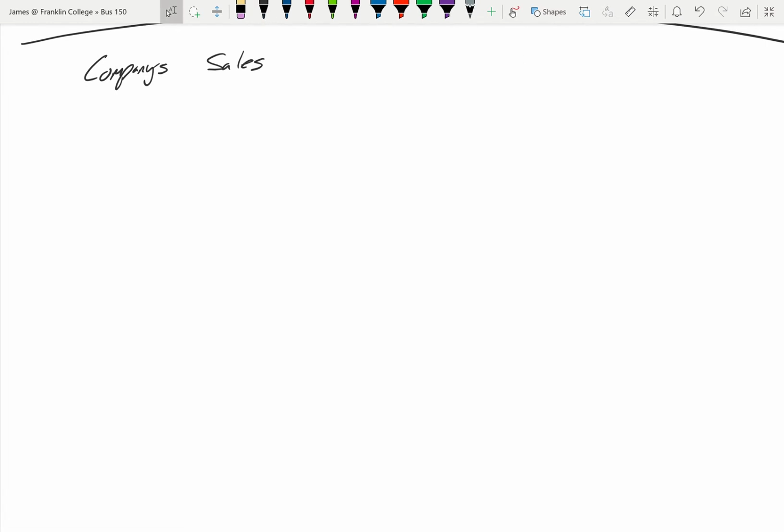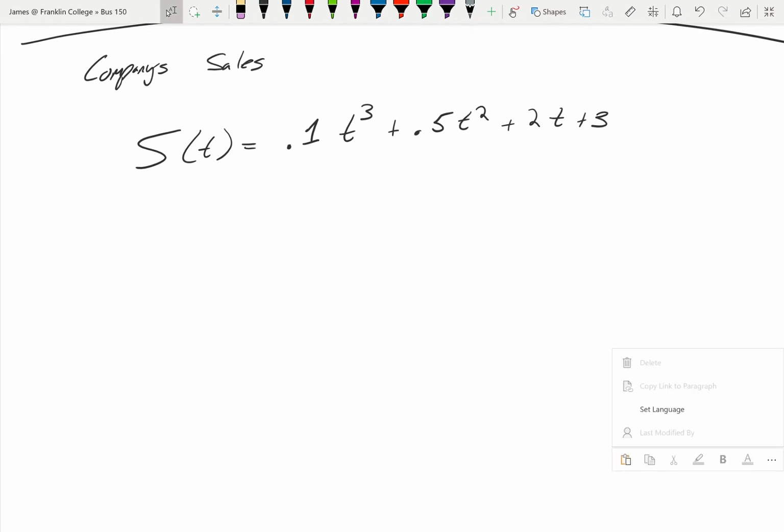Let's assume the company's sales, S of t, where t represents the total number of months that have passed. So the sales for this company will equal 0.1t cubed plus 0.5t squared plus 2t plus 3. So this big old equation represents the company's total sales given as a function of t, where t represents each month passing by.